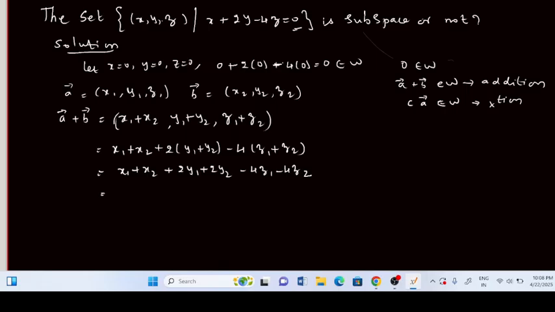If we split the terms, x1 plus 2y1 minus 4z1 plus x2 plus 2 times y2 minus 4 times z2. Here we are using the elements from vector A and vector B separately.